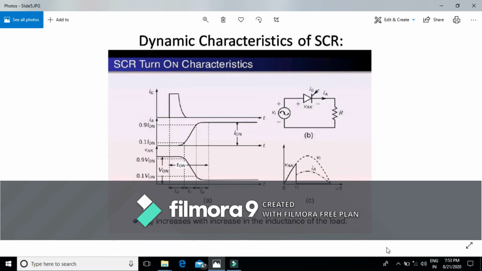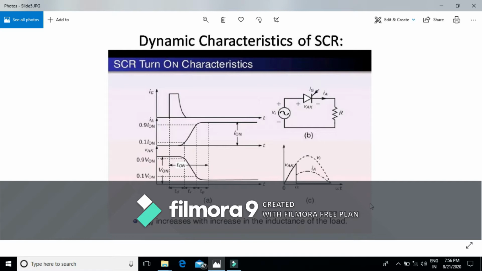This transition time, called thyristor turn on time, is defined as the time during which the thyristor changes its state from forward blocking state to final on state. Transition time, called thyristor turn on time, is divided into three intervals.